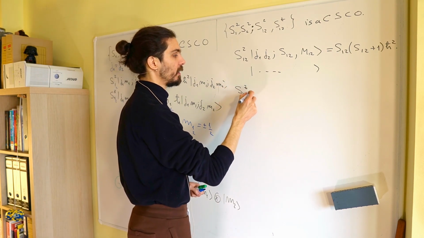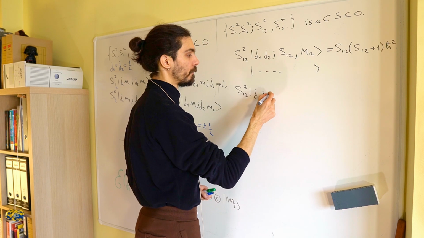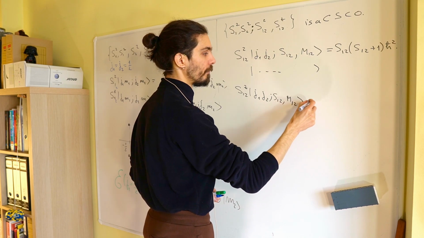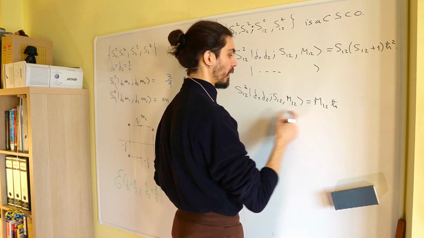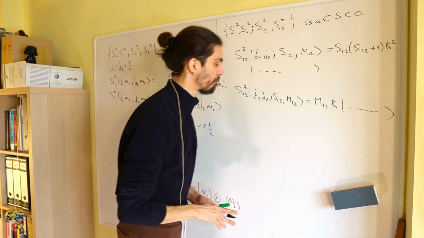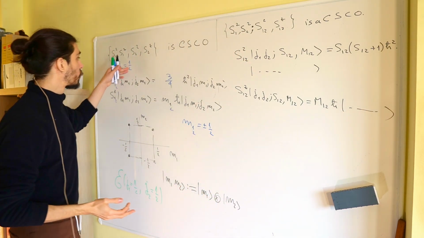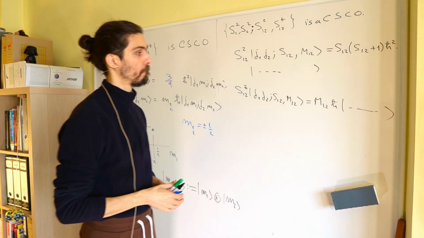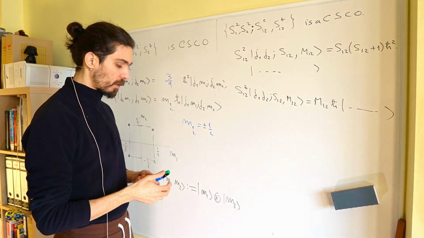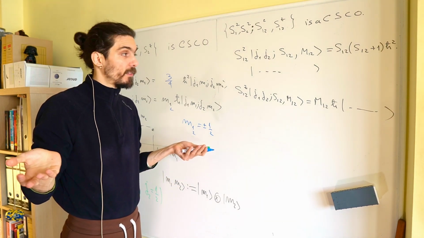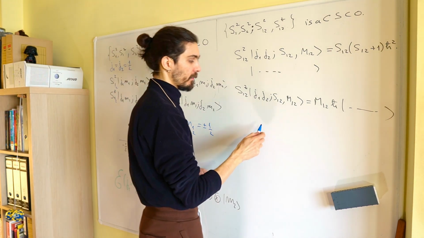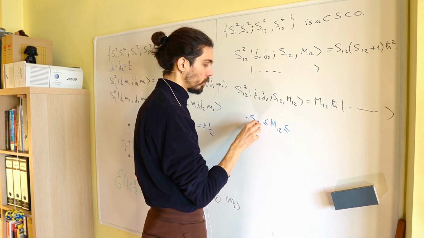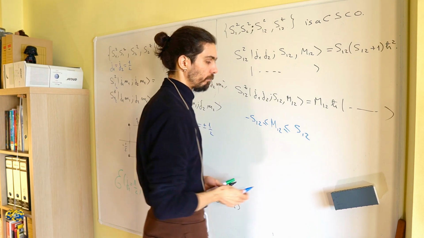S12Z is easier: acting on the ket J1, J2, S12, M12 it is equal to M12 h bar, and then this ket again. J1 and J2 are always fixed, so we are going to suppress them from the kets to make it easier. Moreover, we know from the generic angular momentum theory of the previous lecture that M12 must always be between minus S12 and S12.